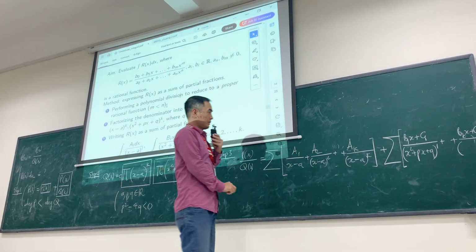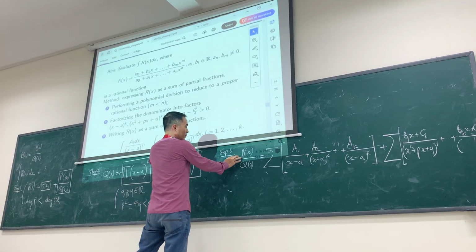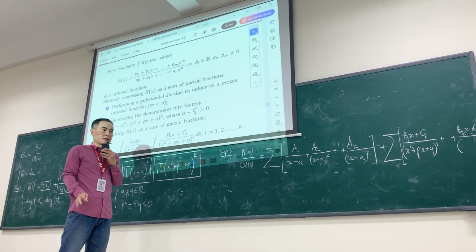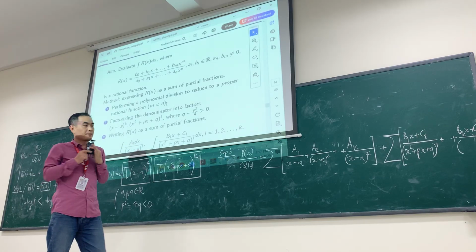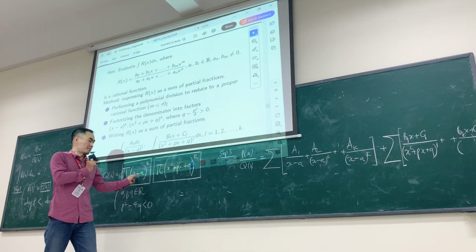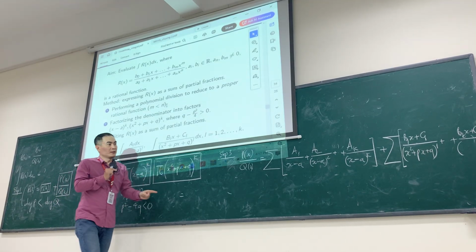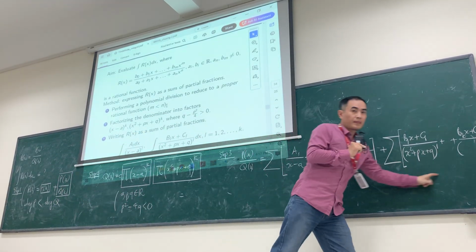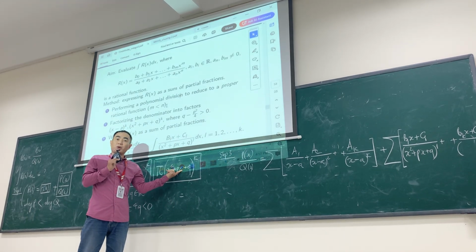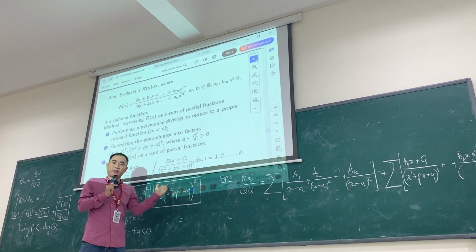Here we can express the proper rational function by this sum. The first sum corresponds to (x minus a) to the power k. The second sum corresponds to the quadratic function to the power k.